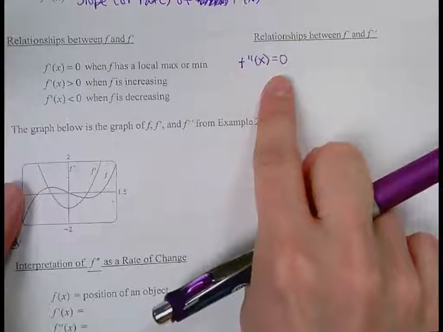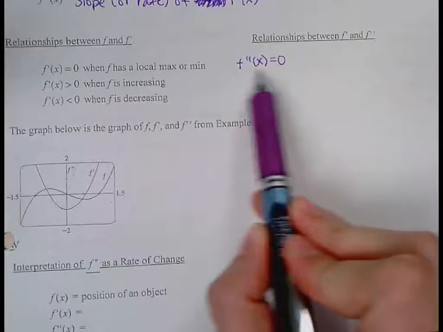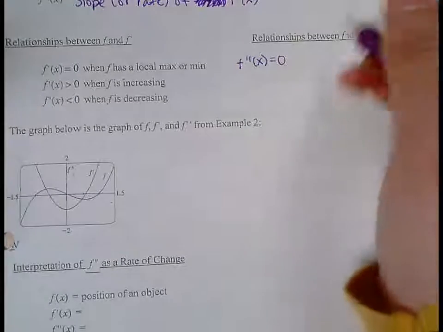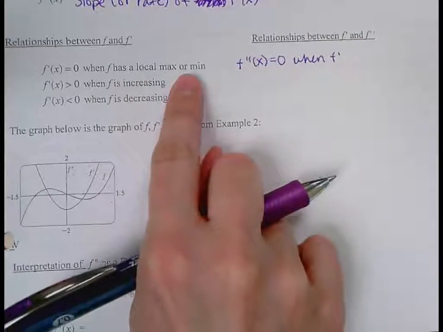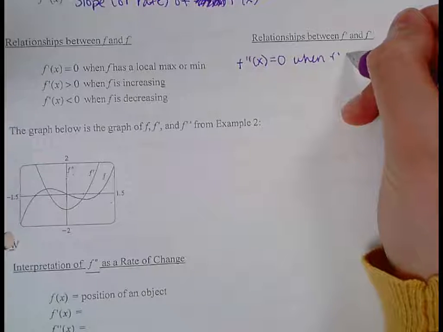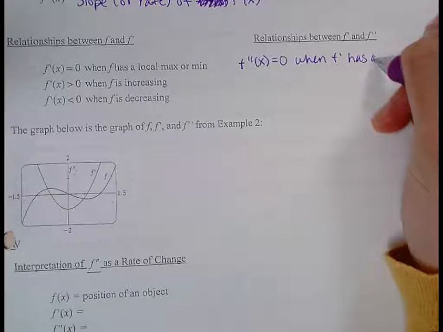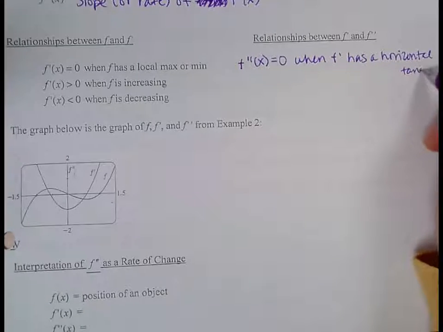So the second derivative: if you were given the graph of f prime and asked to graph the second derivative, you're going through that same process that you went through when you were graphing f prime given the graph of f. So f double prime is going to equal 0 when f prime has a local max or min, or more generally, when f prime has a horizontal tangent.